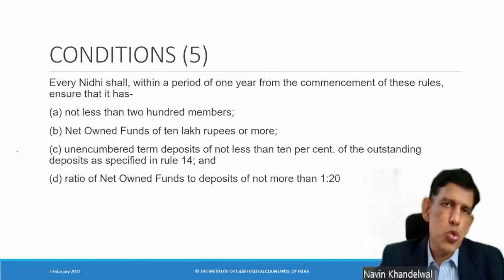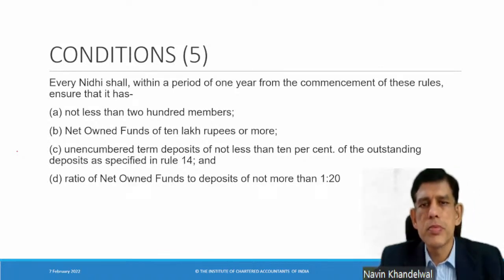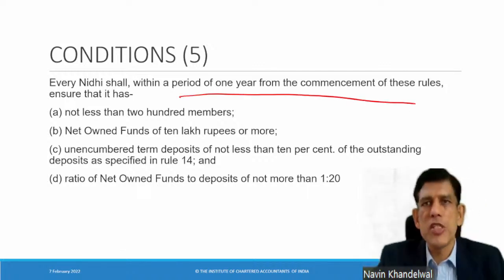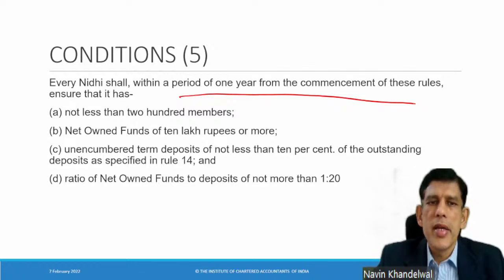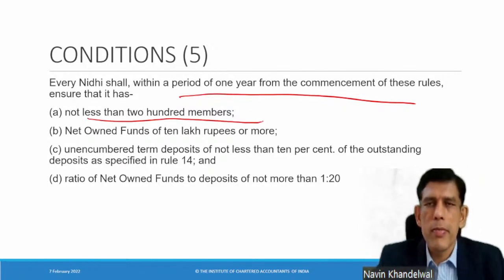Then further conditions after being incorporated: within a period of 1 year from the commencement of the business, it has to ensure that it has not less than 200 members.